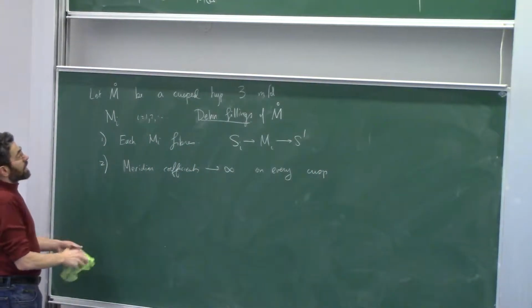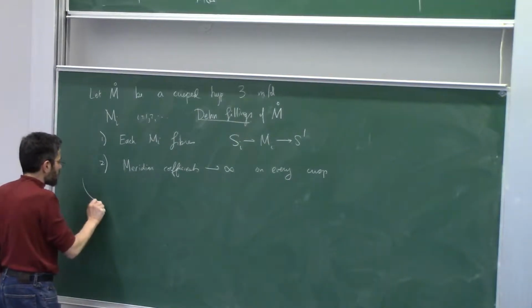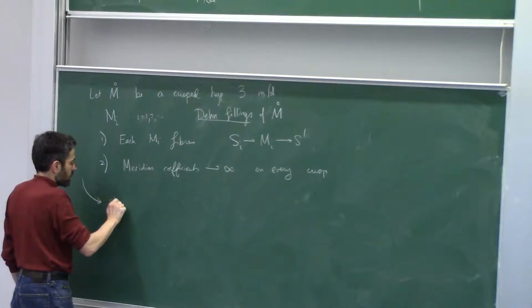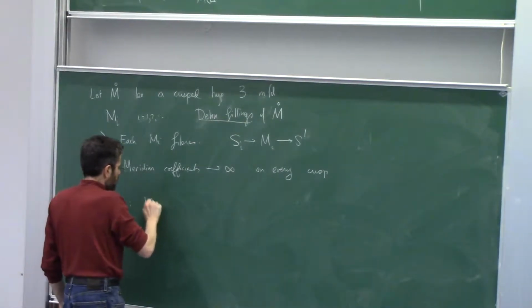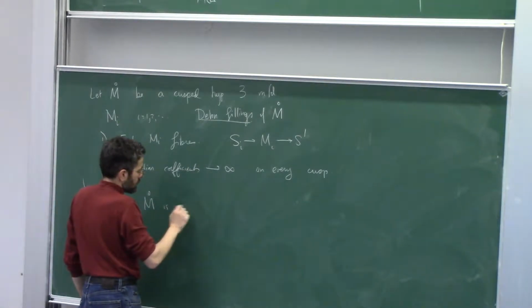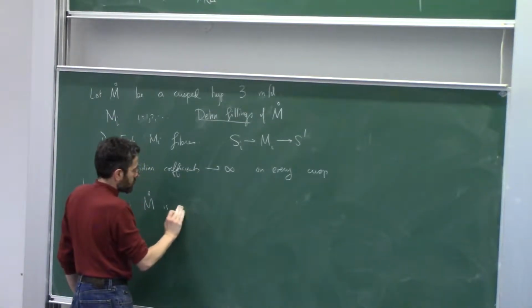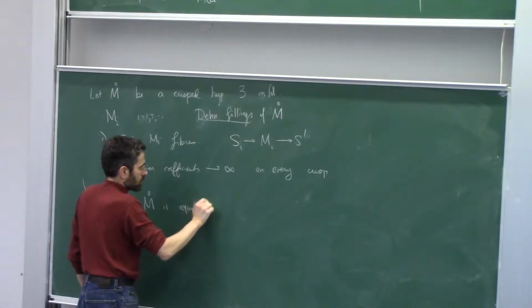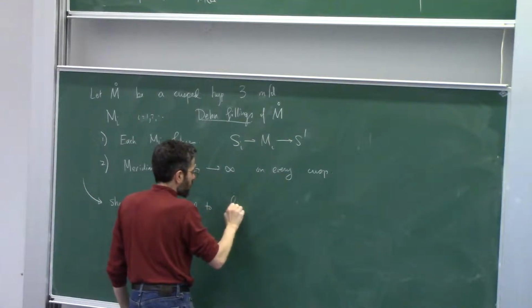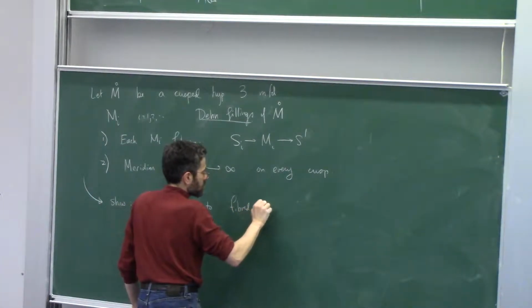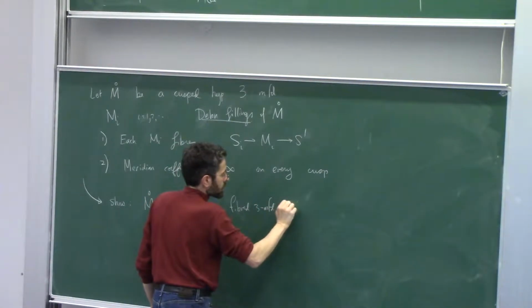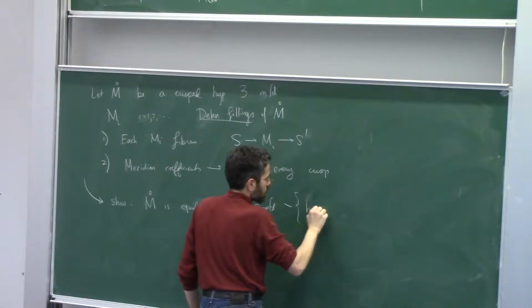Okay, so that's the setting that we're in. Now from this I need to show that M circle is equal to a fibered three manifold minus horizontal and vertical curves.